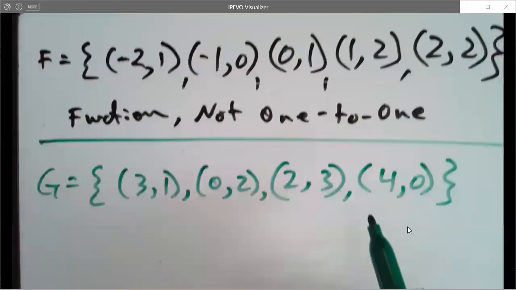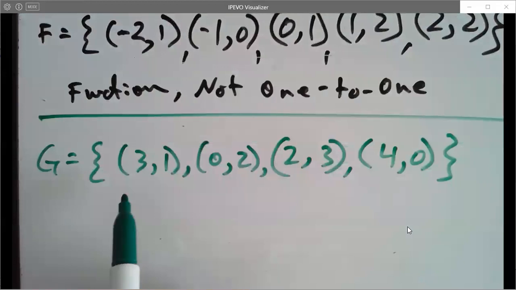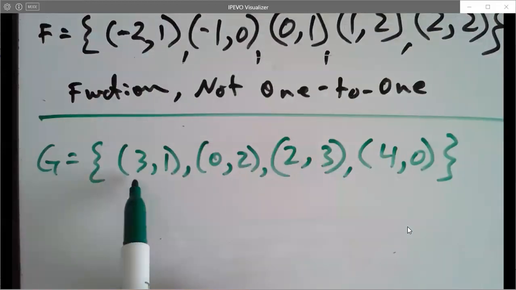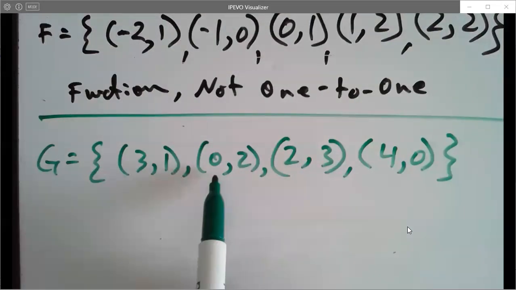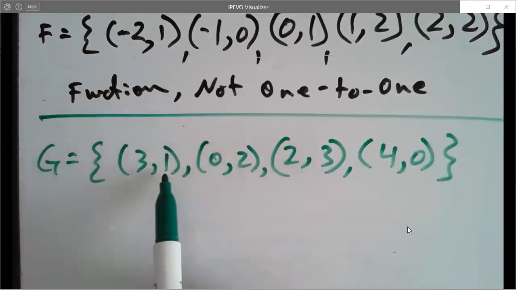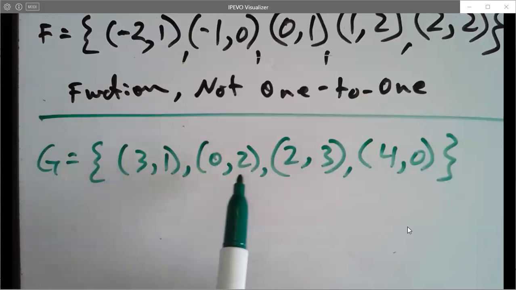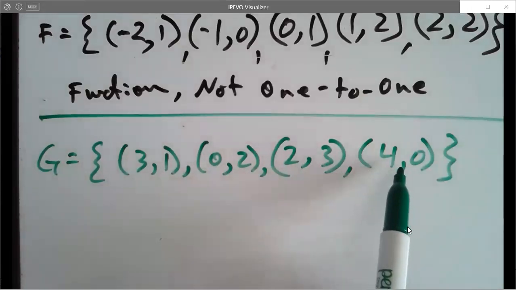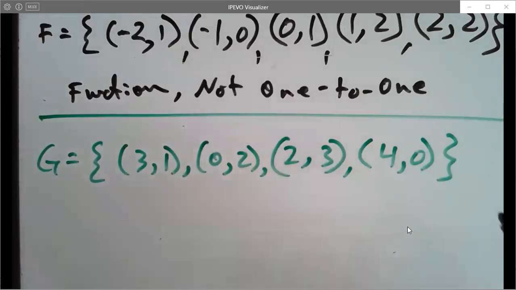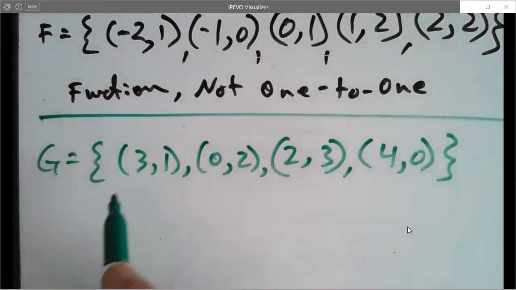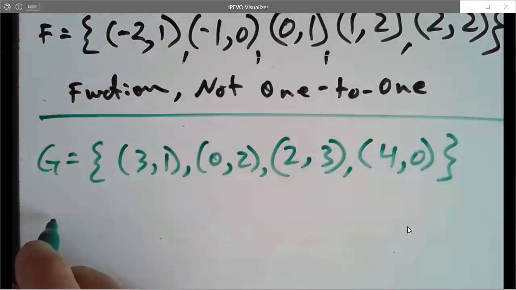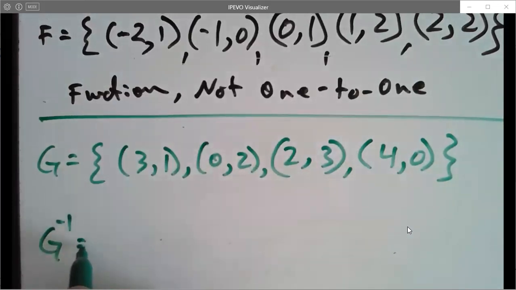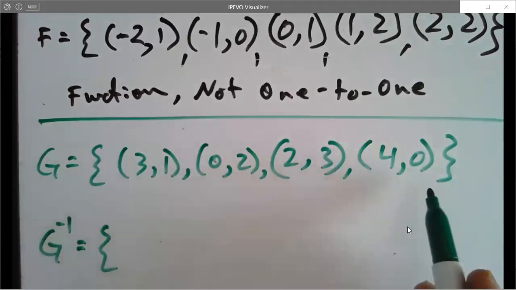Is this a function? Only 3, 0, 2, 4, so it's a function. But let's see if it's 1 to 1. So we check the y values. Do they repeat? 1, 2, 3, 0. Okay, the y values do not repeat. The x values do not repeat. So we can say, yes, this is 1 to 1. So we can proceed from there and find the inverse of this function.